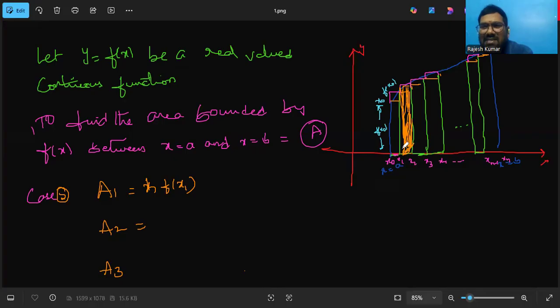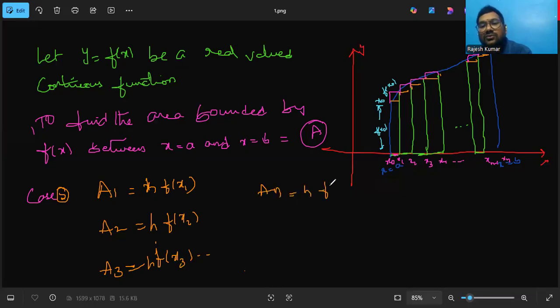Its area is equal to length into breadth. Any cost, this is h. The length should be this length, no? It is h into f of x2 and so on, h into f of x3 and so on. When I'm talking about an, it is h into f of xn.